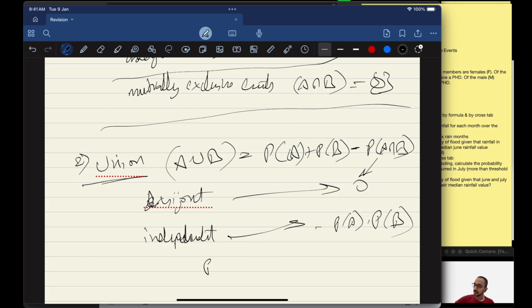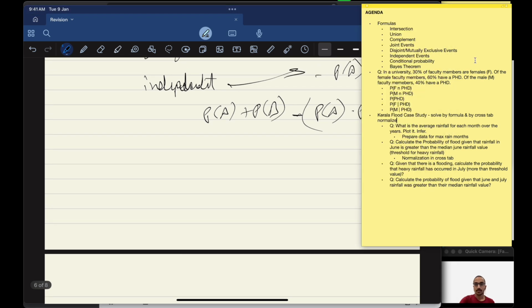So the total formula will be P of A plus P of B minus P of A into P of B. So that's for union.